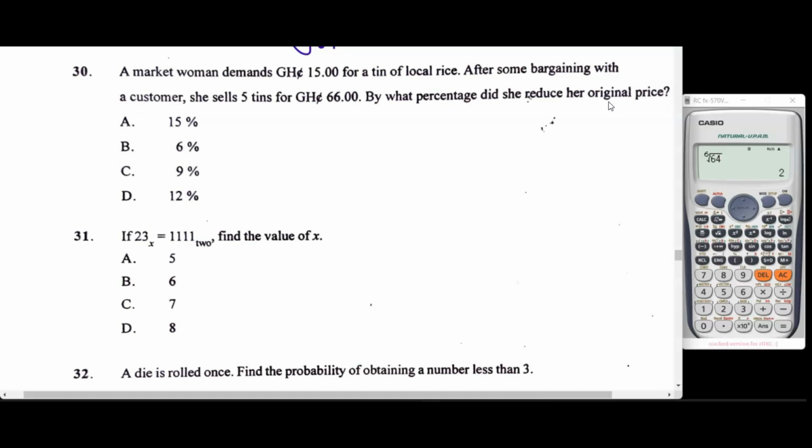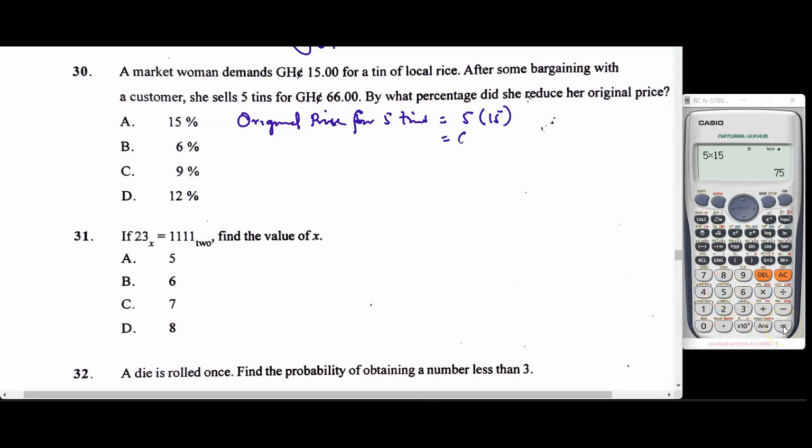So let's say the original price for 5 tins will be 5 times 15, and that is 75 Ghana cedis.